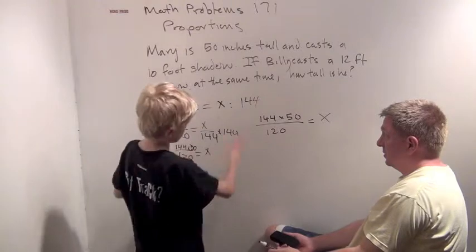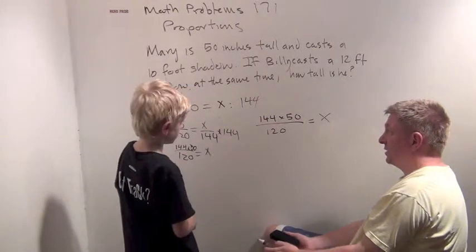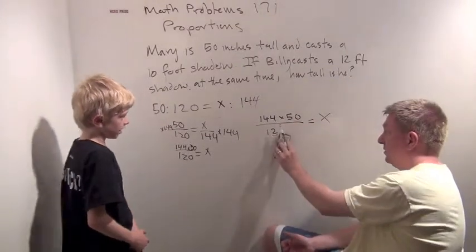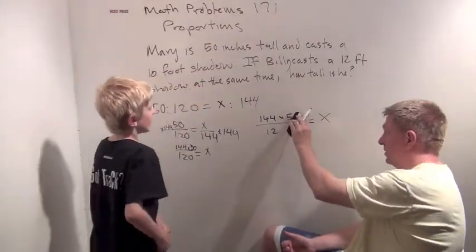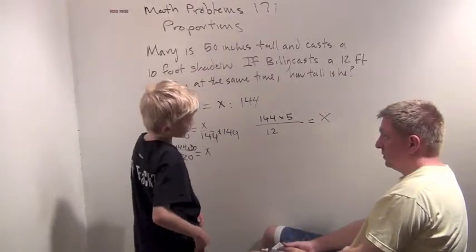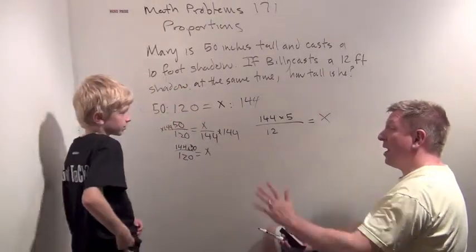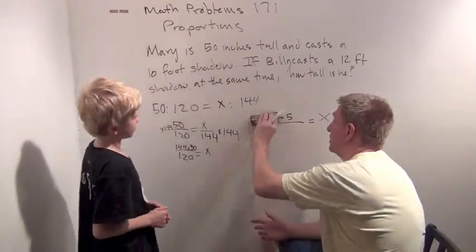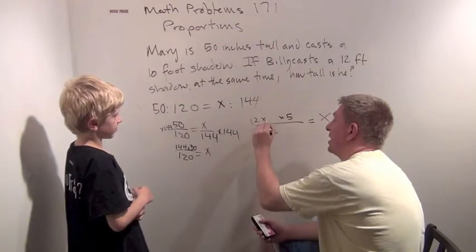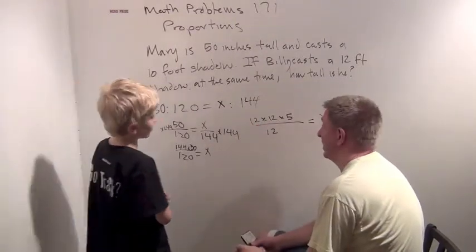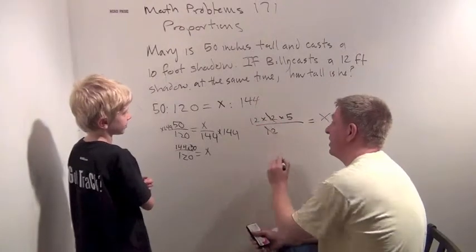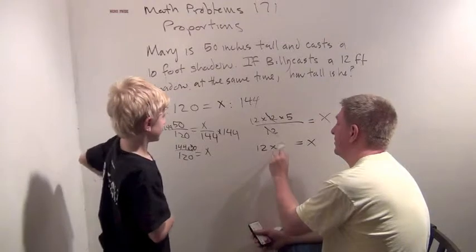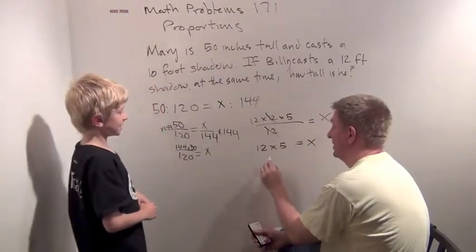You could take a 10 out of these two, making it 144 times 5 divided by 12. 144 is 12 squared, so we put 12 times 12 and cancel a 12. We're left with x equals 12 times 5, which is 60.